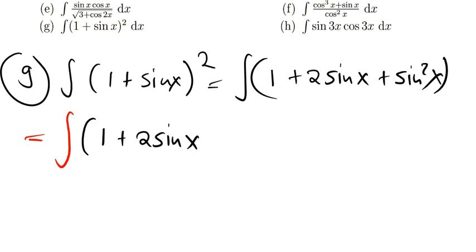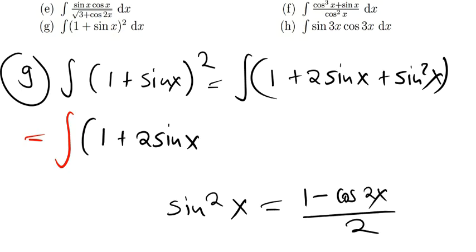Now for that part, where we have sine squared of x, I said it's the same as what? So I said sine squared of x, in fact, of theta, or of x, is the same as 1 minus cosine of 2x over 2.